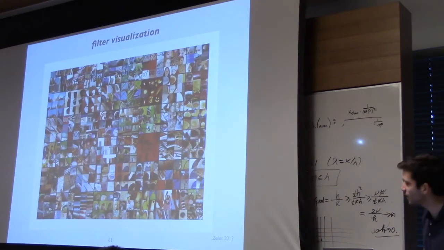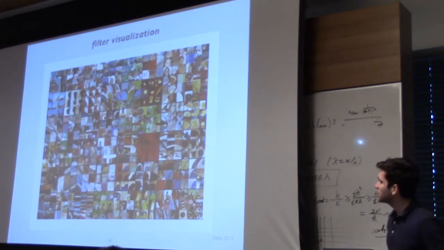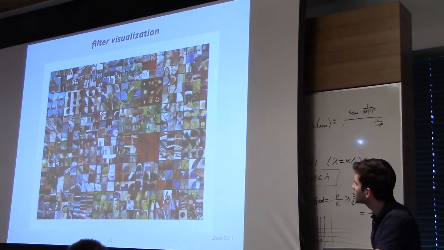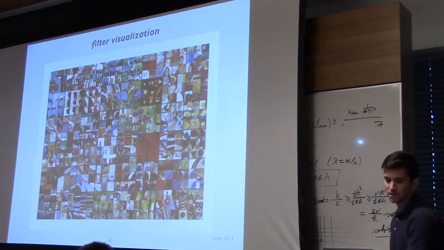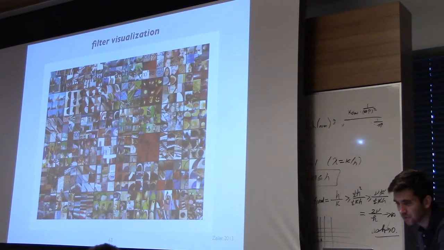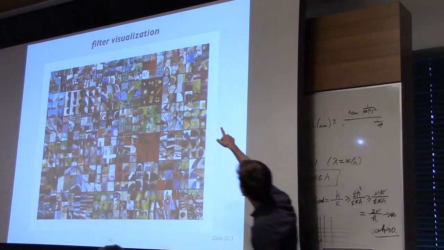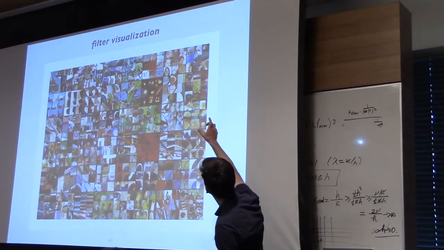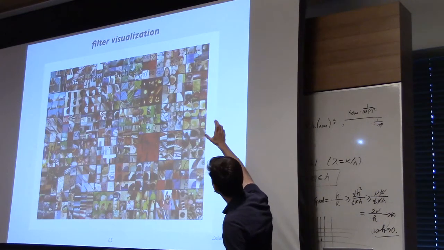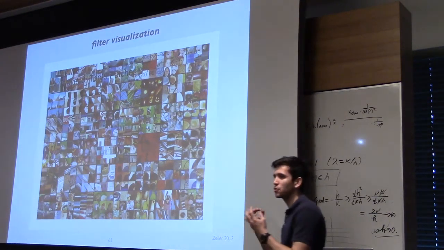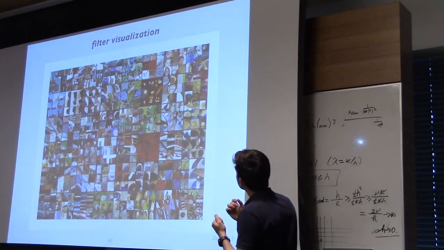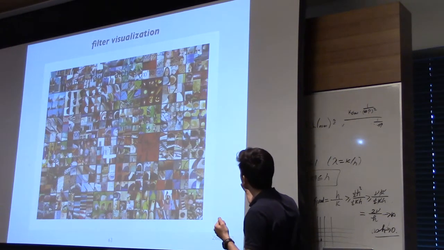And so when you go to the next layer, what you see are these images getting slightly more complicated. Up here you're seeing filters that are selecting for some type of combination of features that looks like a face.